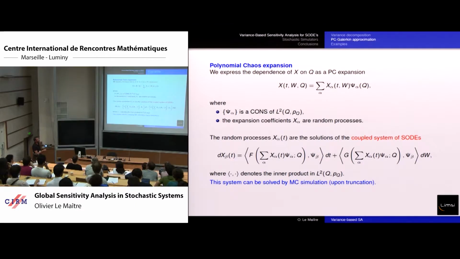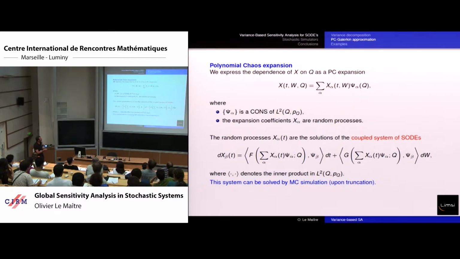Now I can plug this expansion into my original equation. If I truncate my expansion, I get a residual. So I'm requiring this residual to be orthogonal to the representation basis, so to every one of the psi alpha I have in my expansion. So I'm forming here the Galerkin projection of my problem. And I end up with a system for the modes, or the coefficients of the expansion.